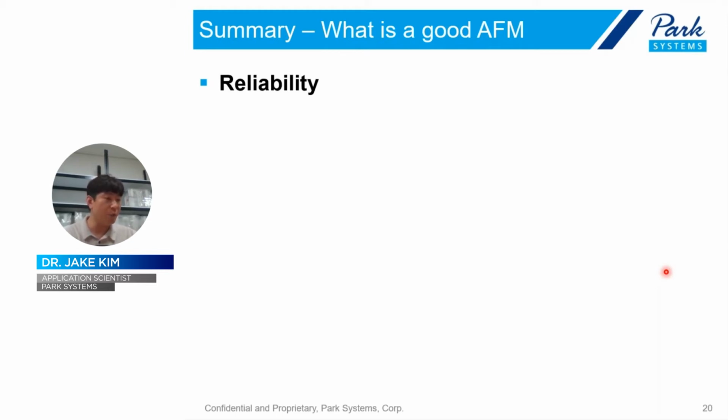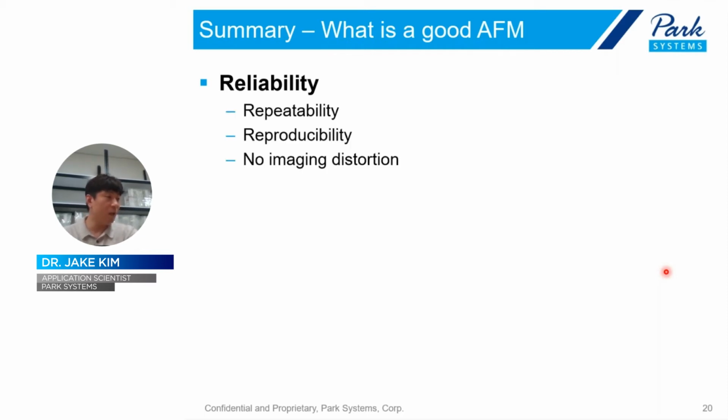So we have no option but to trust the machine entirely. So the reliability is the first requirement to be a good AFM. For the reliability, repeatability or reproducibility and no imaging distortion are essential.